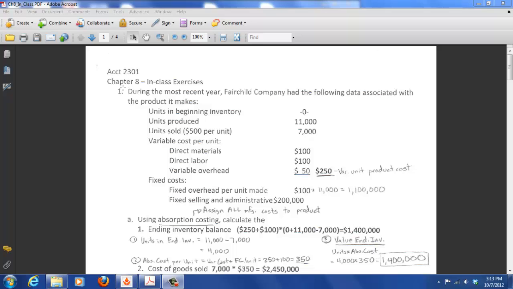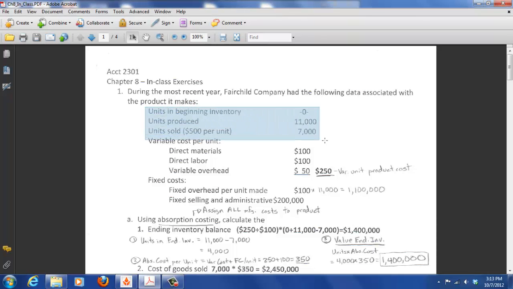The first exercise gives us some information about Fairchild Company, with data associated with the products that we're making. Up top, we're told about the inventory, units produced and units sold. We're also given some variable costs and some fixed cost.